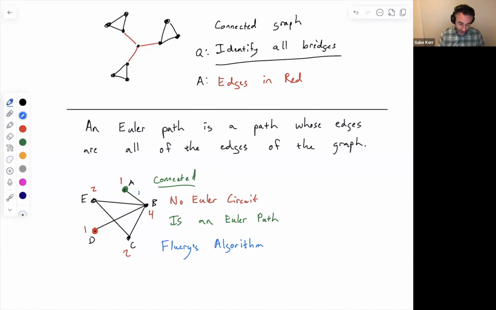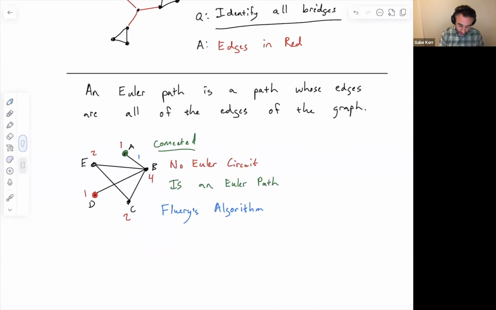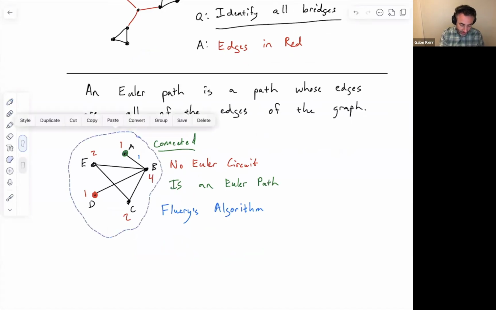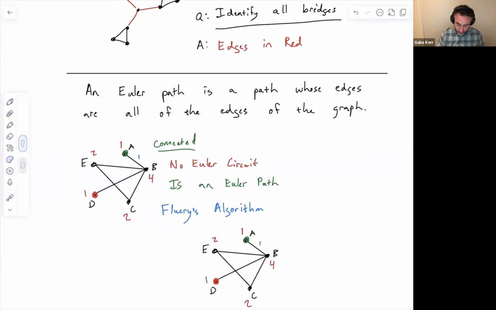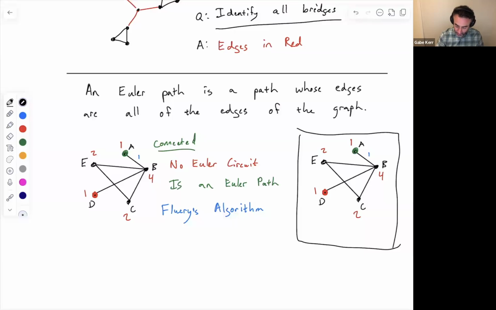And now I'm at B. Now, let me show you what I do when I do this. What I do is I make a copy of my graph, and I put it over here. And this is my working copy. This is just a copy that helps me get things done.